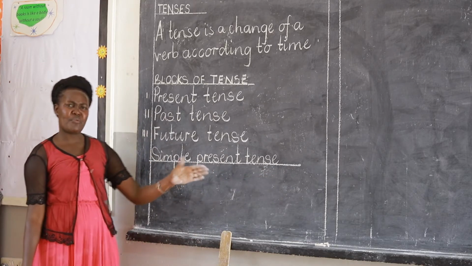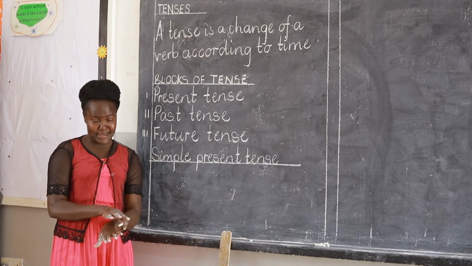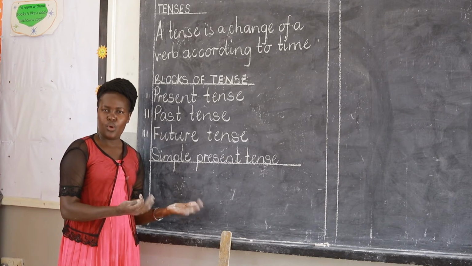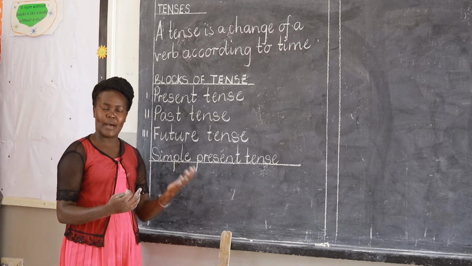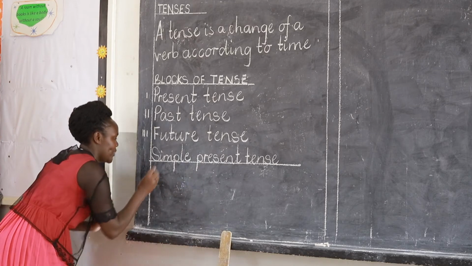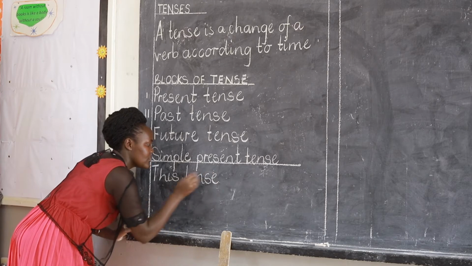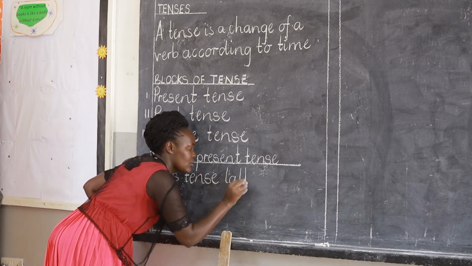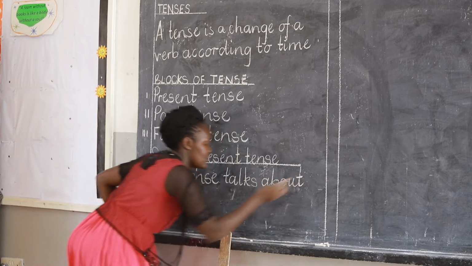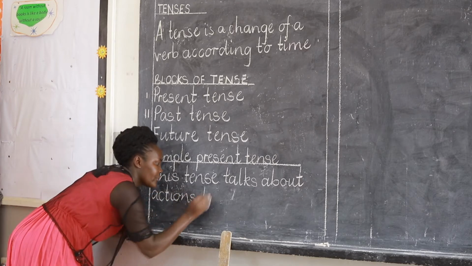What is this simple present tense? Simple at the same time present. Okay, what does this refer to? Or in which tense? What do we talk about? So this tense talks about actions. Let me write it down. This tense talks about actions that do what?